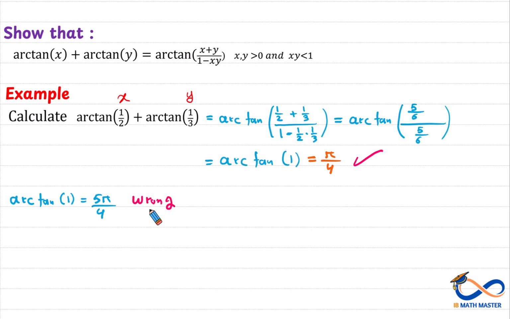But this is here wrong, because as we know, the range of the function arctan x is from negative pi over 2 to pi over 2 only. We cannot get an answer that's bigger than pi over 2, like 5 pi over 4, so 5 pi over 4 is wrong. And the only answer here is pi over 4.